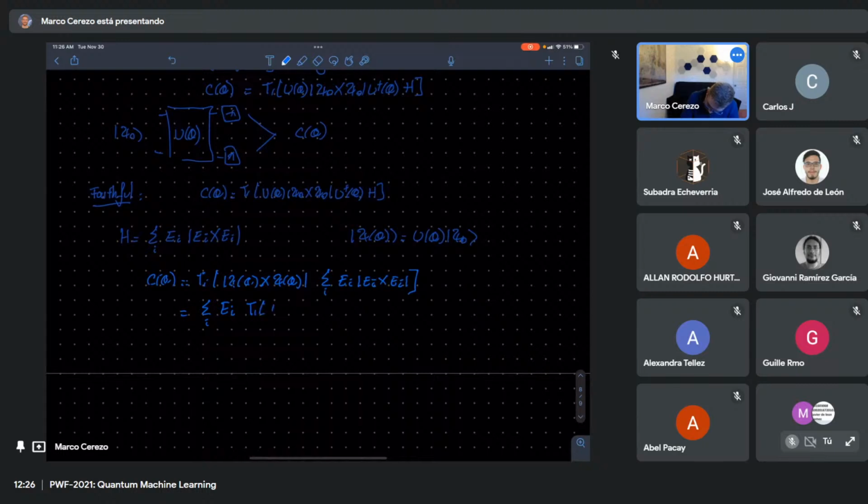This is a trace of psi theta, and here we have the projector onto E I. We use tip number 1. What's the expectation value of a projector? It's nothing else but this. We've already done this multiple times, so this should come as no surprise at this point.